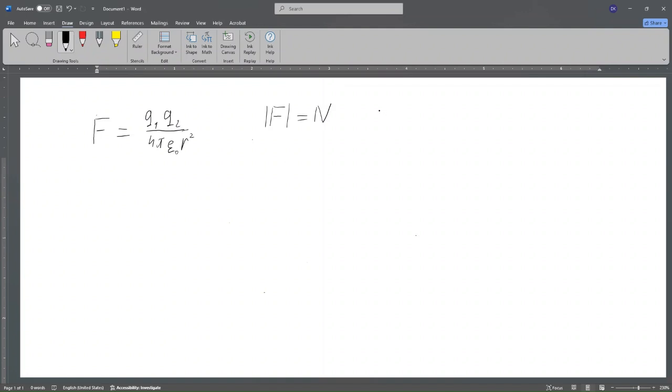The electrical constant is epsilon with index 0. It is the permittivity in vacuum. It sounds like farads divided by meter.